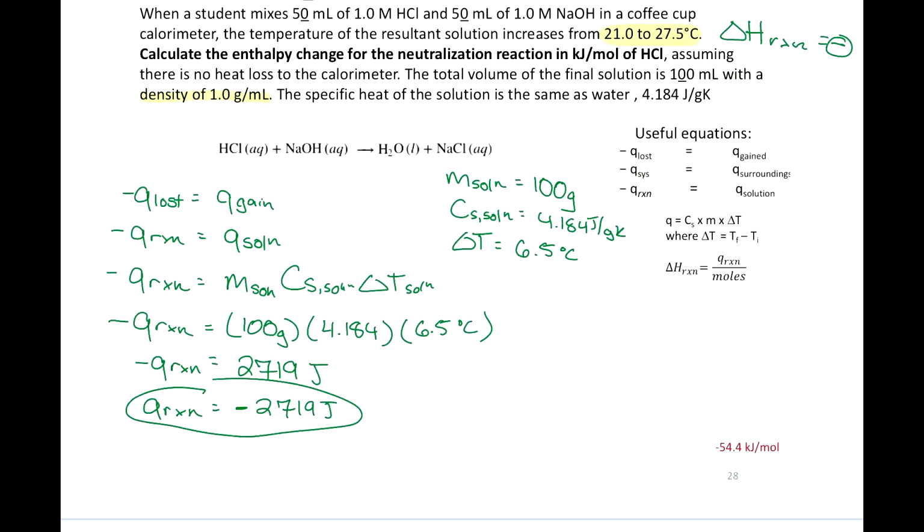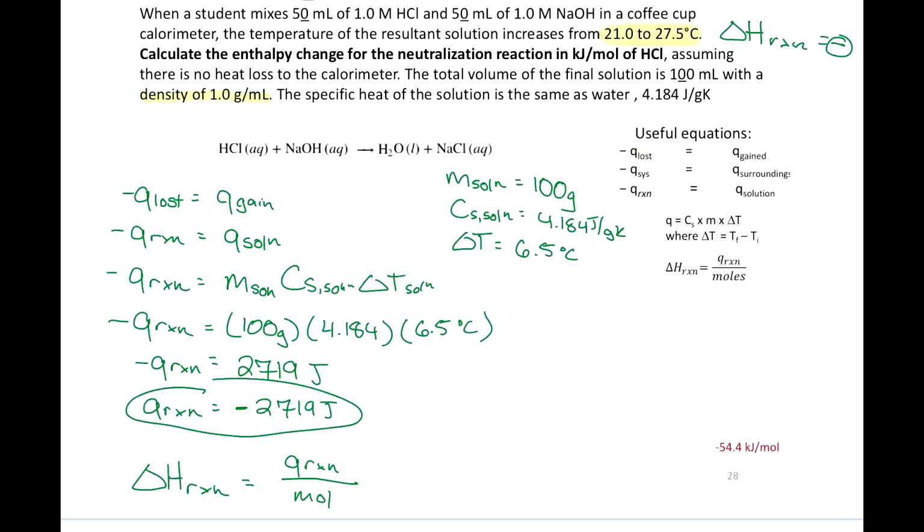Is this enthalpy of the reaction? No, this is the heat involved in just this reaction, this specific one where we mix together some random amounts of stuff. We want to scale this up into a kilojoule per mole amount that we can look up in a table. So what we're going to do is utilize the delta H of reaction equation, which is Q of the reaction, so how much heat was involved in this reaction, and we're going to divide it by the mole amount that we actually reacted.